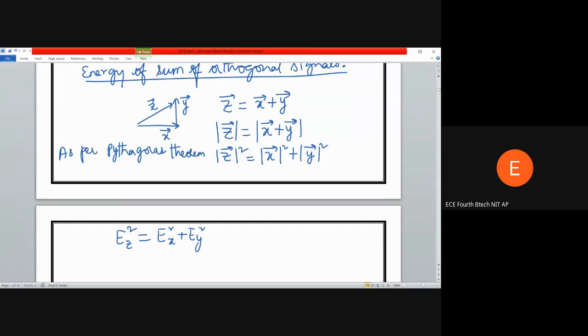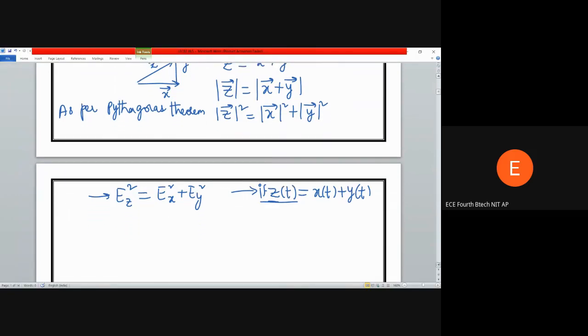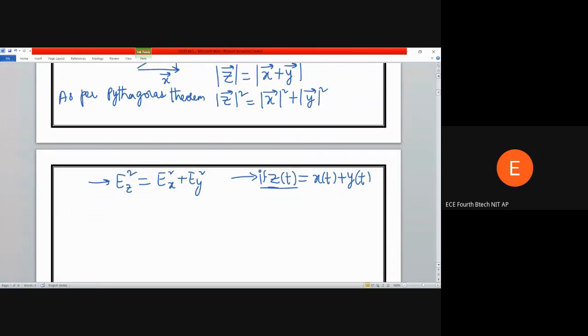This we are going to do because z of t is represented in terms of two orthogonal signals, that is x of t plus y of t. If this exists, can I write it like this? This is what we are going to verify now. To verify this, we will calculate the energy of the signal z of t.